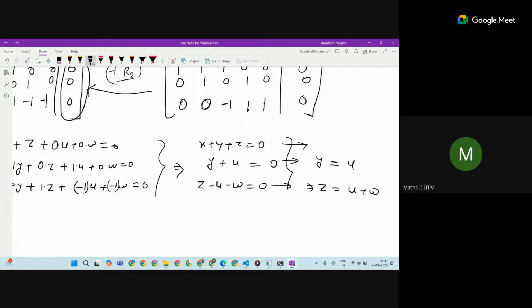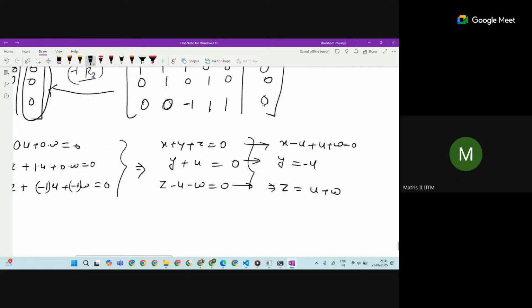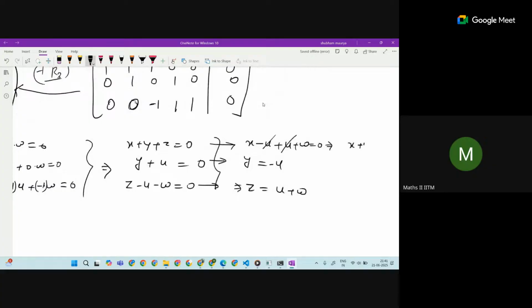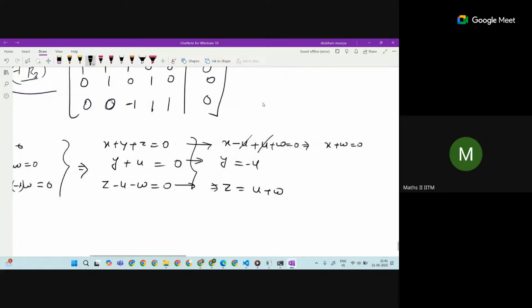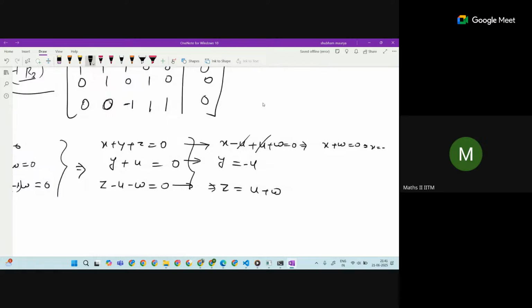And you can substitute y and z in the first equation, so you'll get x plus, substituting y is minus u, so minus u, and z is equal to u plus w, so plus u plus w is equal to 0. So the u will be cancelled out, and the first equation will finally be converted to x plus w is equal to 0, and this is x is equal to minus w.